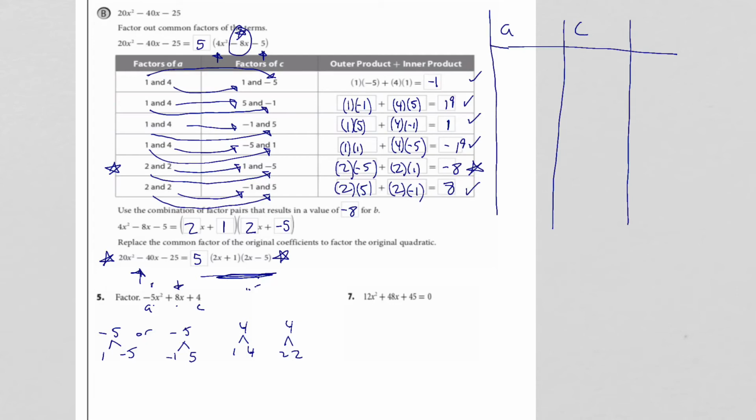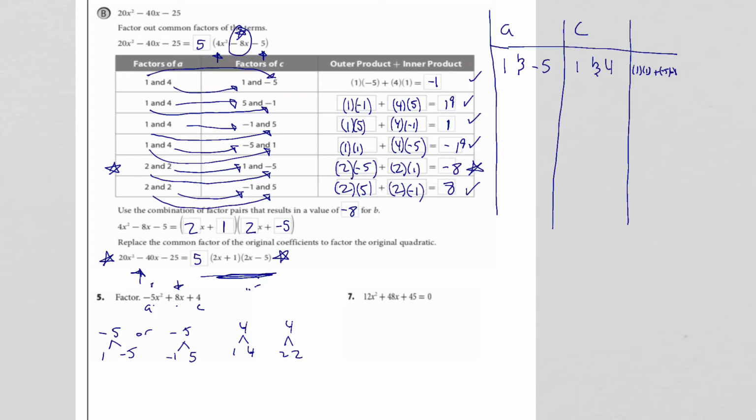So we've got 1 and -5, and we can try 1 and 4. So let's try, what's 1 times 1 plus -5 times 4?